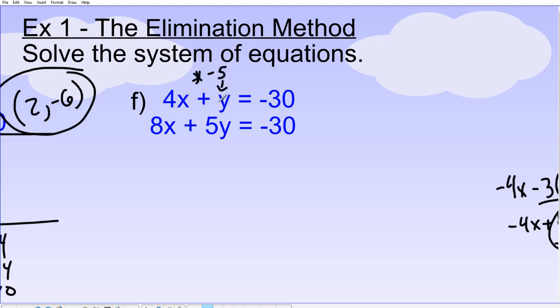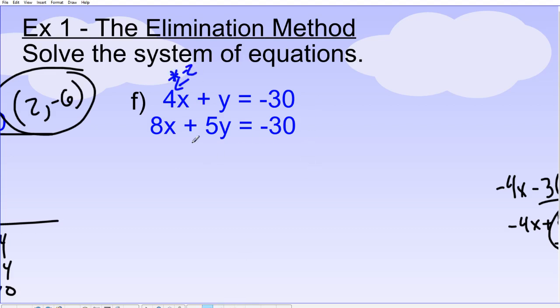Check this out. If I multiplied by negative 5, this would become a negative 5y. Now I'd have to multiply everything by negative 5, but if I multiplied my top equation by negative 5, my y's would eliminate. I would have no more y's left. So I have choices. The one that's probably easiest for me is to multiply the top one by negative 2. So that's what I'm going to do.